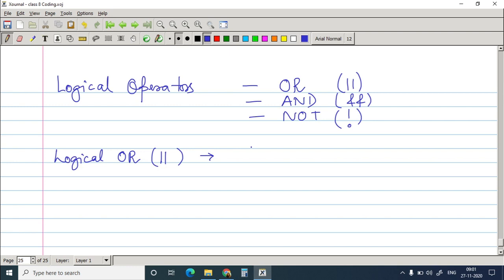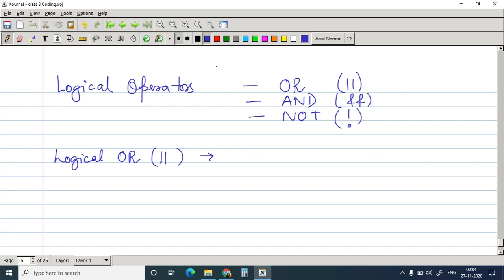Suppose you have two expressions with relational operators and you want to see whether they both are true together or any one of them is true. So you basically analyze a situation. You are comparing, but you want to study the comparison, then we will use the logical operators.